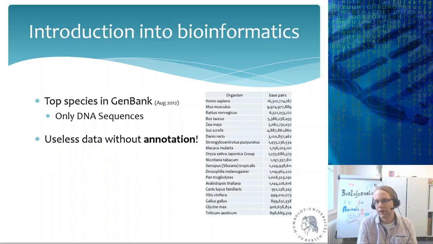Rats because they are very much used in medical research, and cows because they are one of the main species used in agriculture. Also Zea mays and Sus scrofa. Sus scrofa are pigs. They are very important species for our production systems, so a big part of the sequences target these species.